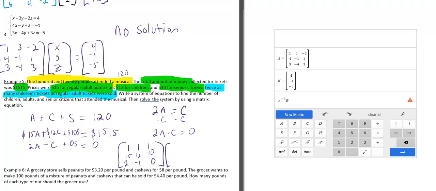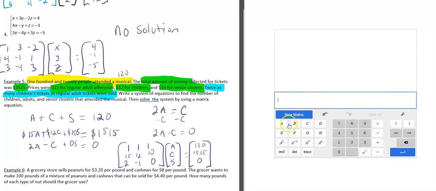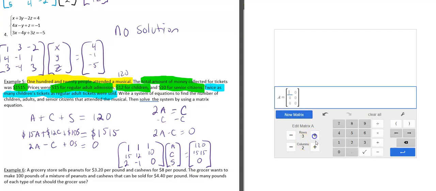And then we'll make our variable adult, children, seniors, and that equals 120, 1,515, and 0. So that's our setup right there. And then we will punch everything into our matrix and we can get our answer.